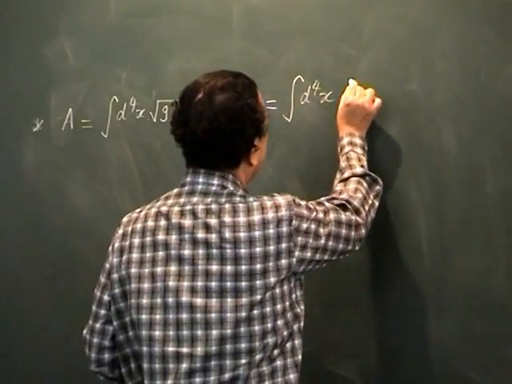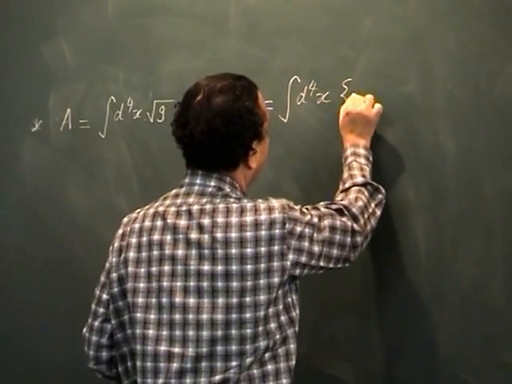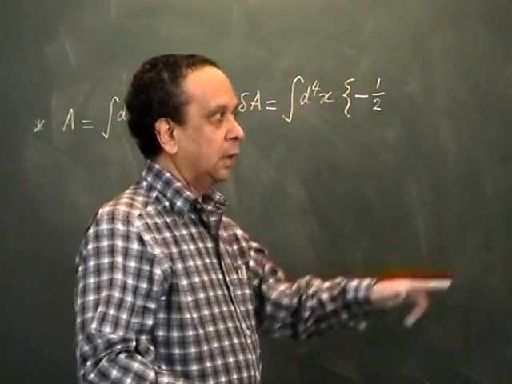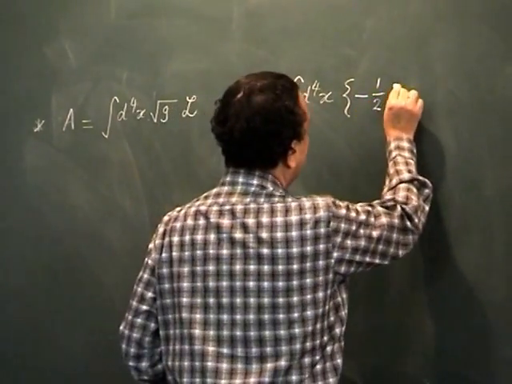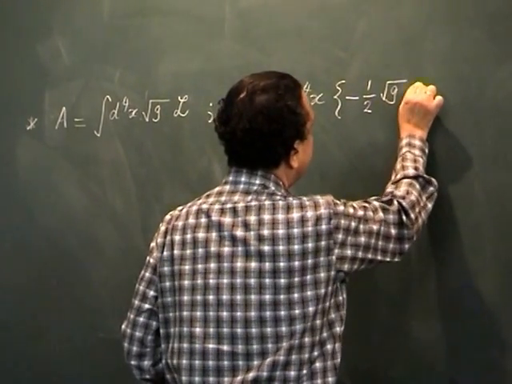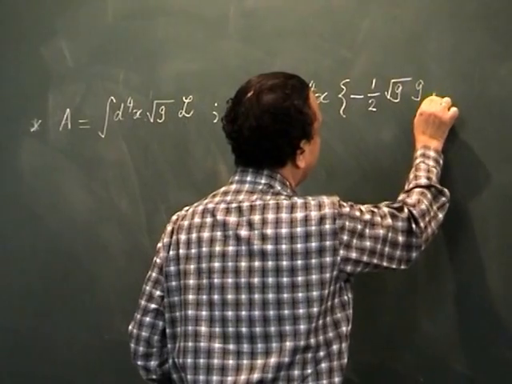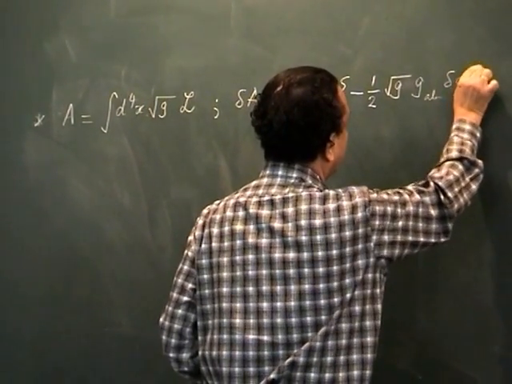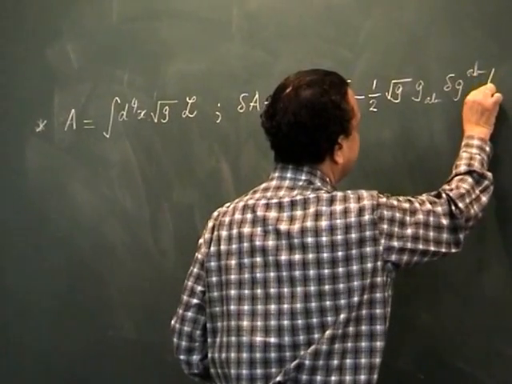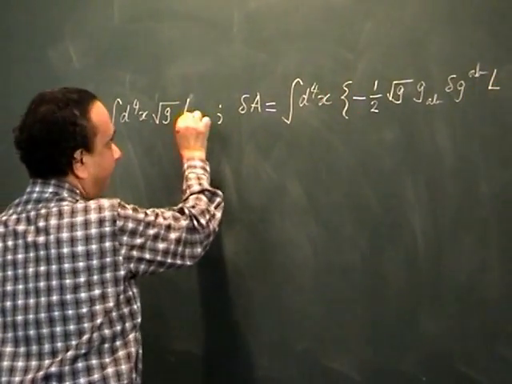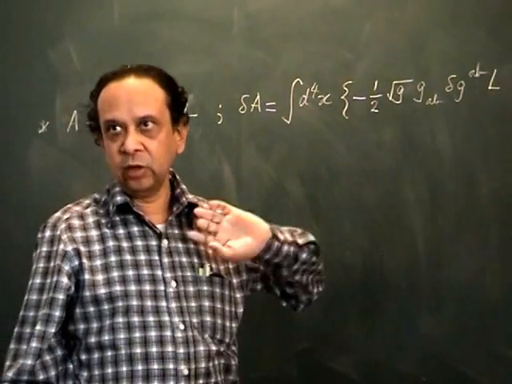So you end up getting minus half root G G_AB delta G^AB, the whole thing times L. Okay, this is the one term.